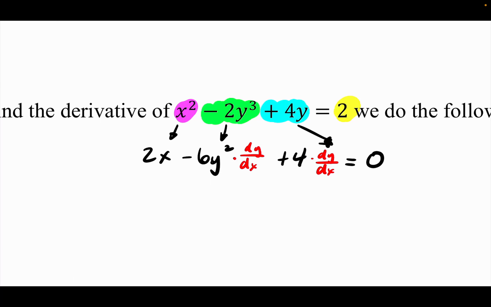We just never write it. This guy, if I did it correctly, also has a tag. What tag would this guy have? d something over d something. What did I find the derivative of? x or y?